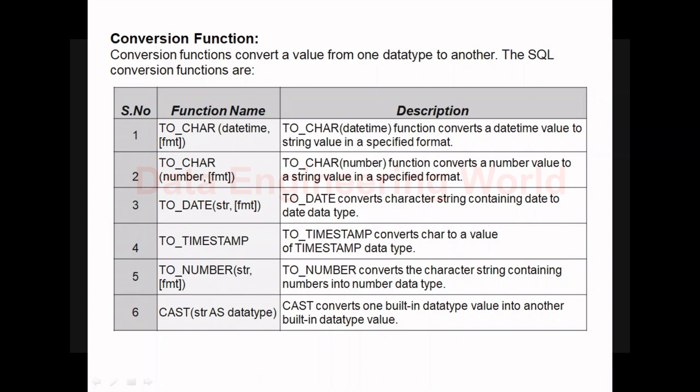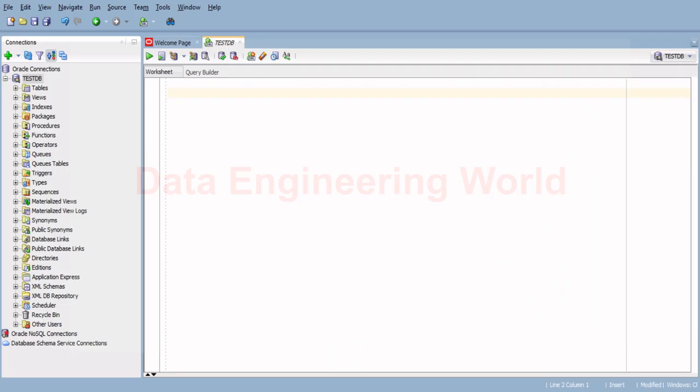Here the format specifies the string which we are taking as an input parameter. Let's look at some examples to understand more about this function. So let's convert the string 08051995 to date data type.